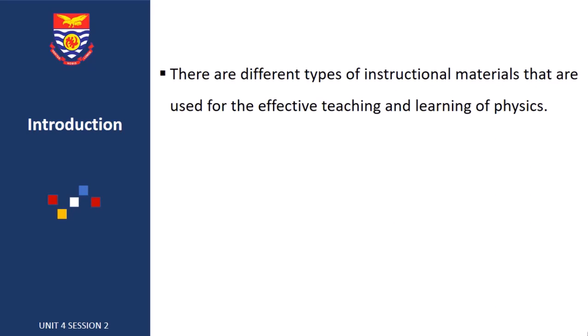We saw that a whole lot of instructional materials do exist, and a whole lot are at the disposal of the physics teacher. However, the creativity and the resourcefulness of the teacher can enable him or her to identify the various instructional materials at his or her disposal in order to use them to maximize students' learning.